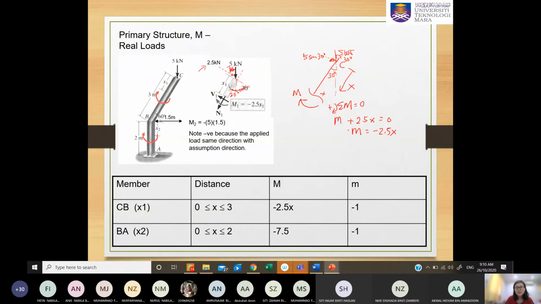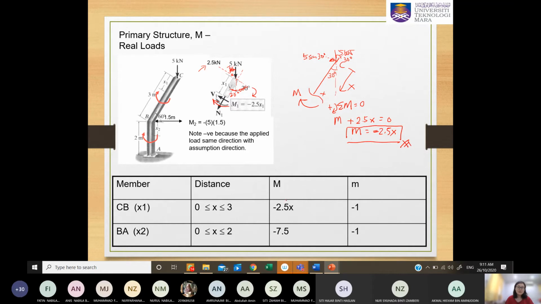If you want to go back to my earlier mention, directly skip this and write it here. Because this 5 sine 30 is 2.5, it is acting in the same direction as your moment, right? Therefore, you just put a negative here. M equal to negative 2.5x.